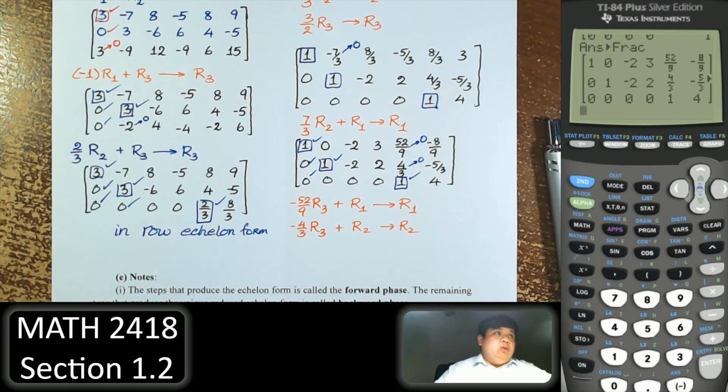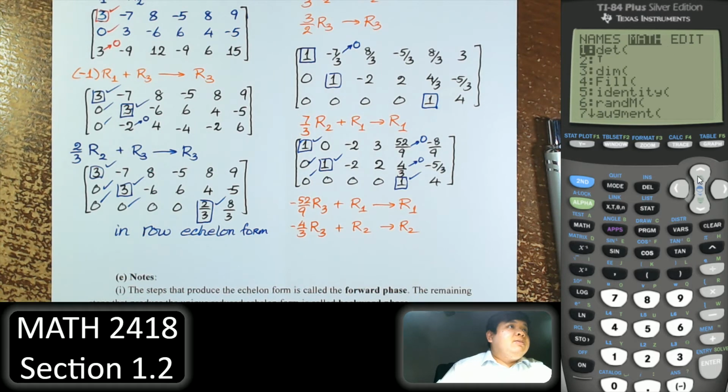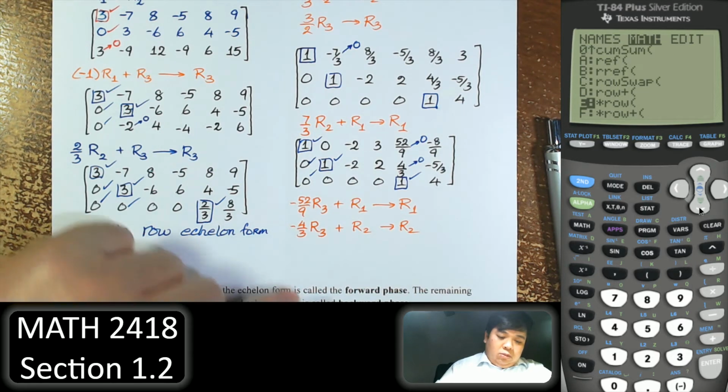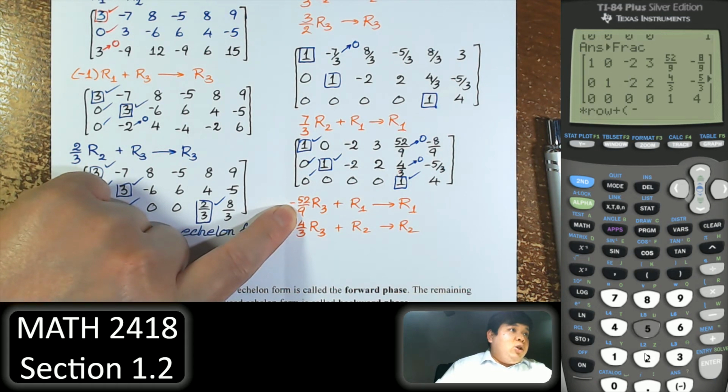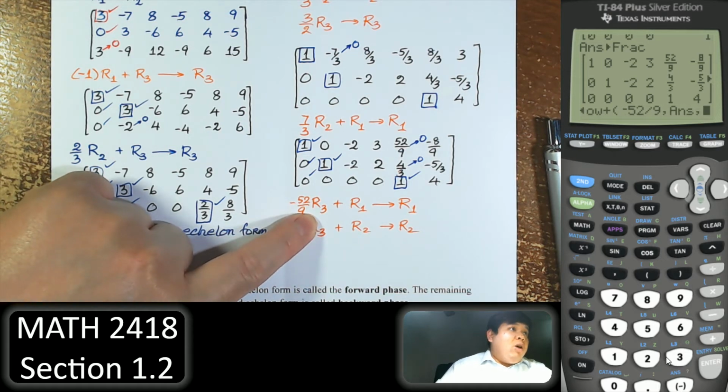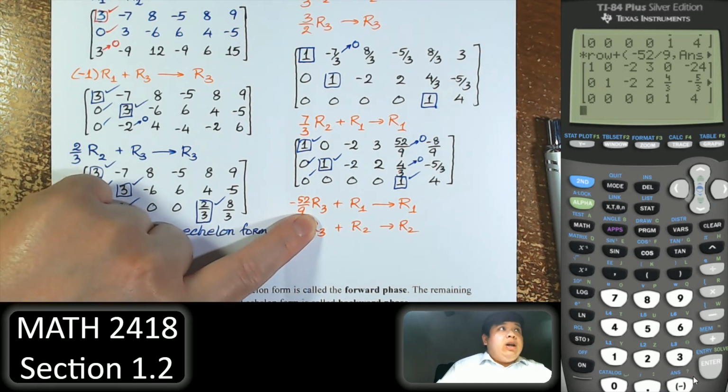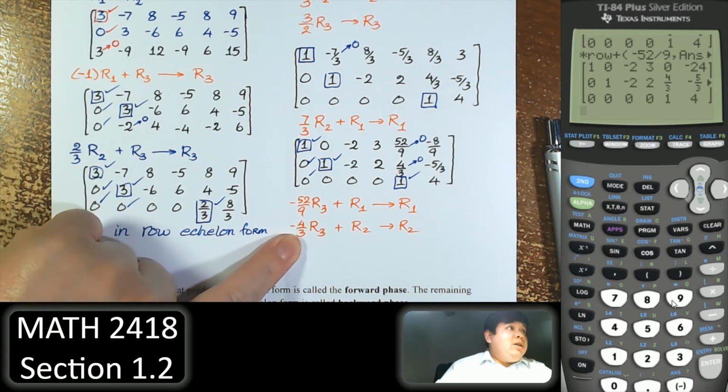Alright, let's do those two. Second matrix, negative 52 over 9, apply to the matrix, multiply to row 3, add and replace to row 1. Right. And now we do this second matrix.